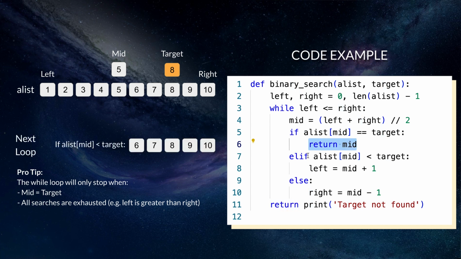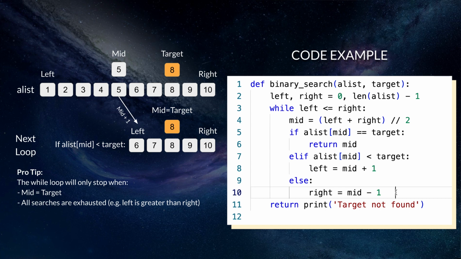If the middle is less than our target, that means our target must be in the right half of the list. And we can move our left pointer to 1 past the middle index for the next loop. If the element isn't less than our target, that means our target is in the left half. We move our right pointer to 1 before the middle index to start looking in the left half.